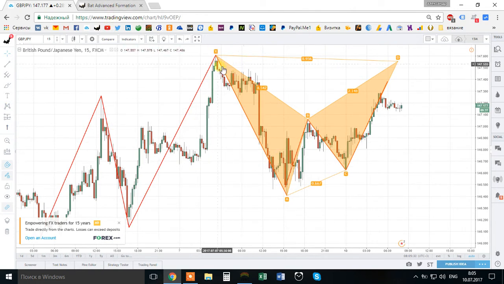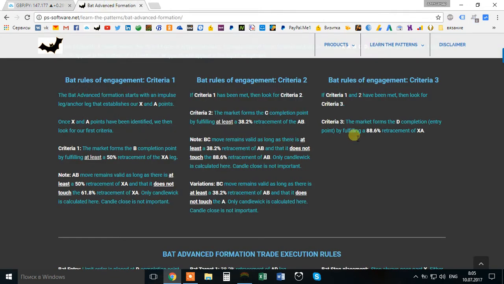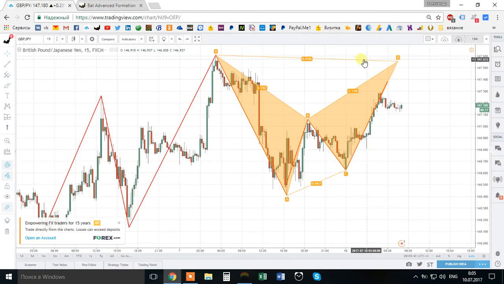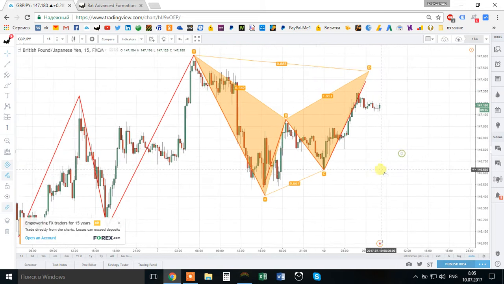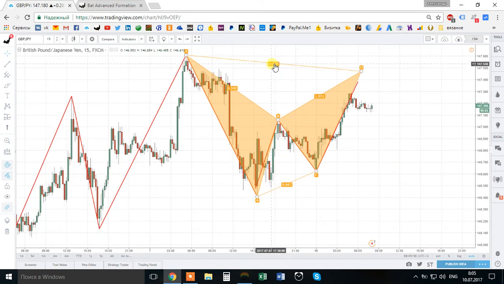Okay, once we have those 2 criteria, then we look at the pattern completion. Where does the pattern completion take place? It takes place at 886 retracement of XA. So it shows this 886. Look at that number, 889, 885. Let it be 885, just a bit approximate.